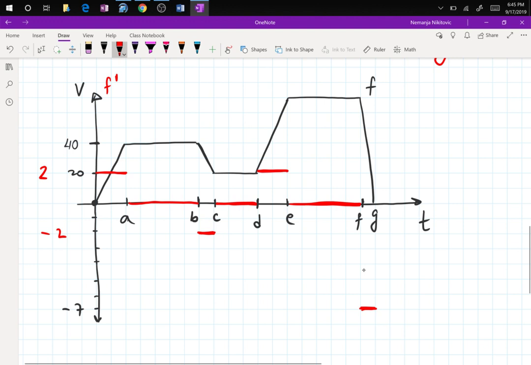If you have a constant piece, there is no change in a constant, meaning that derivative of a constant is 0. Derivative measures change. There is no change in a constant, therefore derivative of a constant is 0.